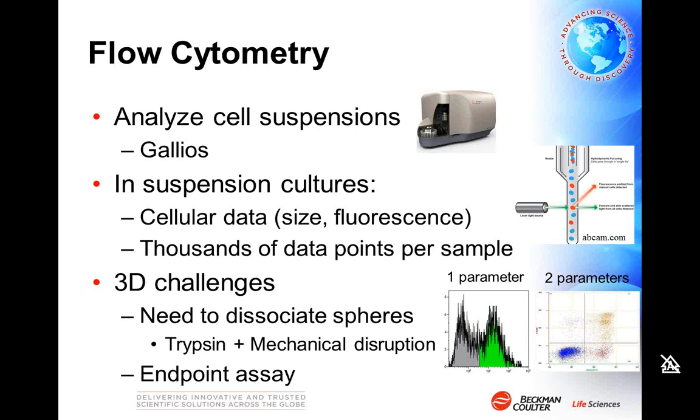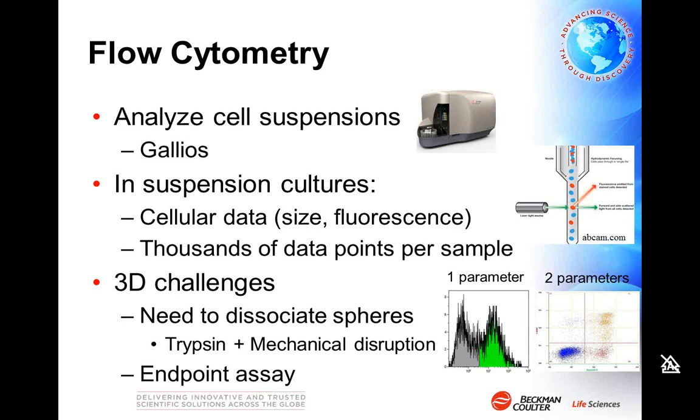So again, this is great for cell suspensions, but for 3D culture, obviously this presents a challenge because you need to dissociate the spheres into a single cell suspension. What this usually entails is adding some sort of enzyme such as trypsin or collagenase to chew up the extracellular matrix, and then repeatedly using mechanical disruption to break up the sphere into these suspensions.